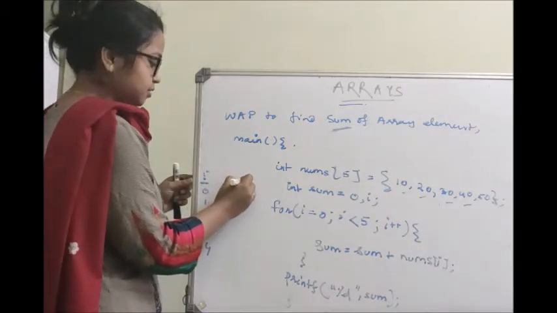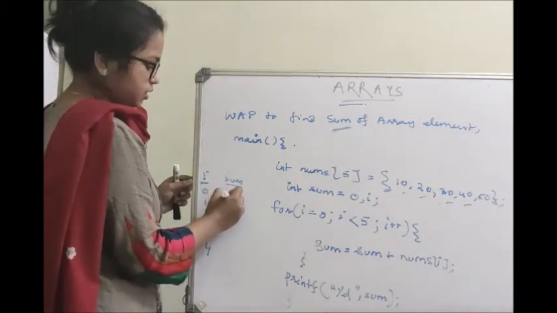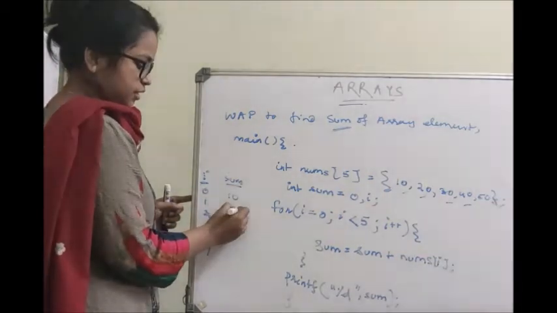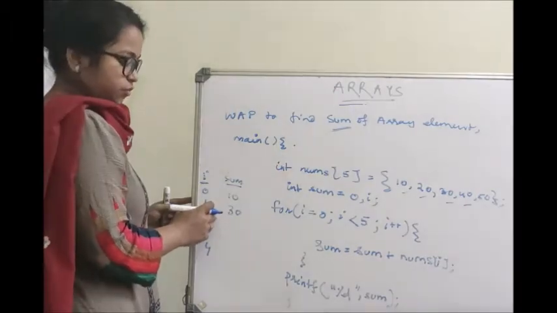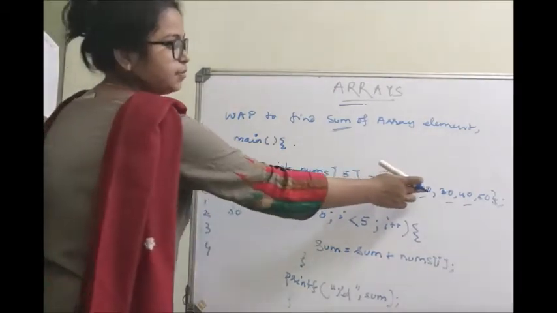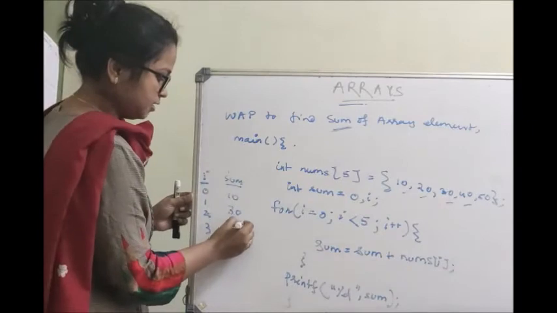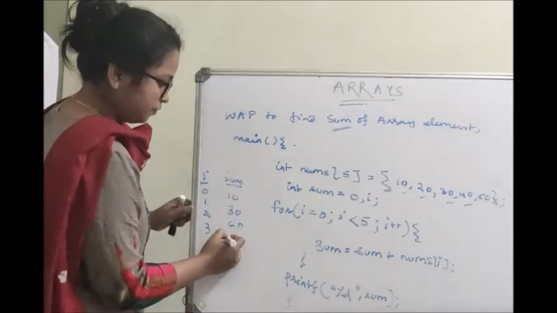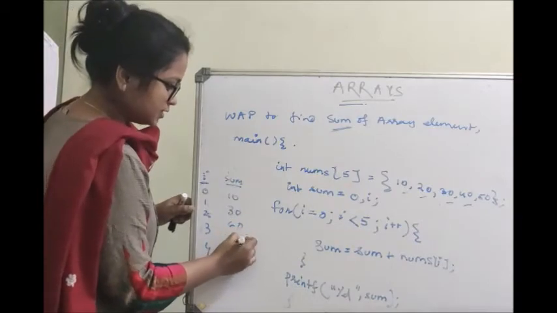Sum is 0 plus 10, that is 10. When i equal to 1, sum is 10 plus 20, 30. When i is equal to 2, sum is 30 plus 30, that is 60. When i is equal to 3, sum is 60 plus 40, that is 100.